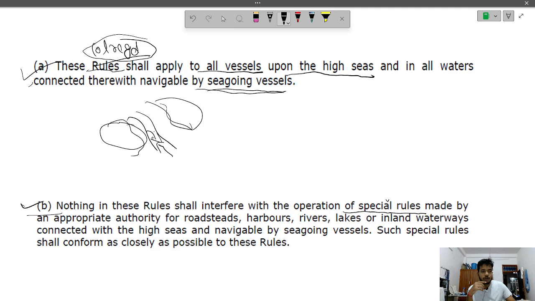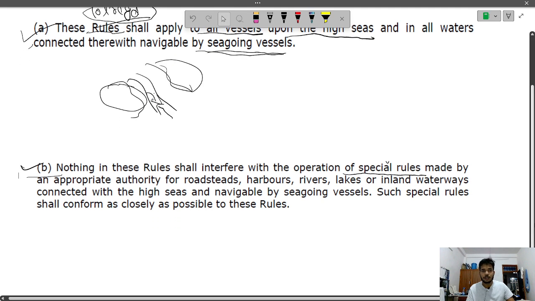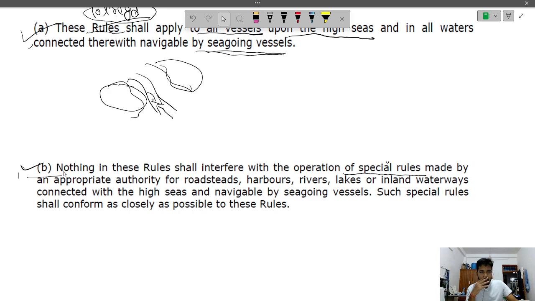Talking about the second rule, first I will read it. Nothing in these rules shall interfere with the operation of a special rule made by an appropriate authority for roadsteads, harbors, rivers, lakes, and inland waterways connected with the high seas and navigable by seagoing vessels.